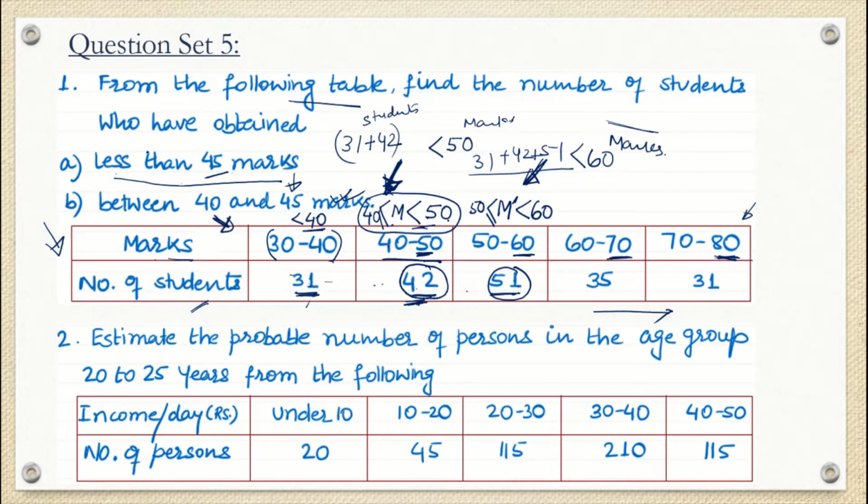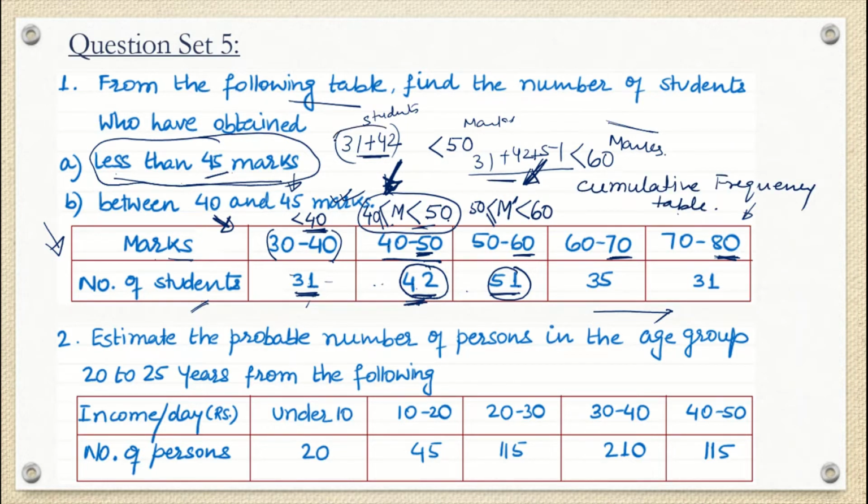Because the question demands that table: tell us the total number of students who have scored less than 45 marks. This way of writing the table is called a cumulative frequency table, where we keep on adding the previous number of students.